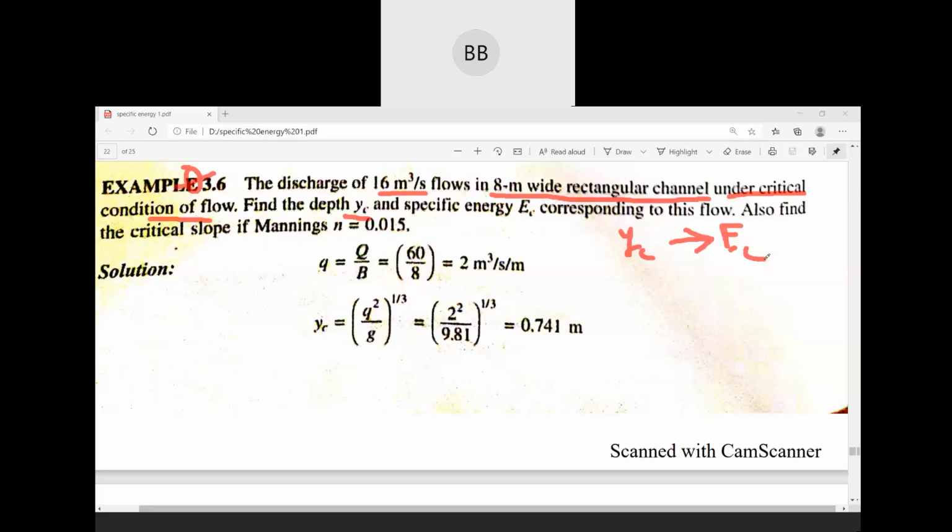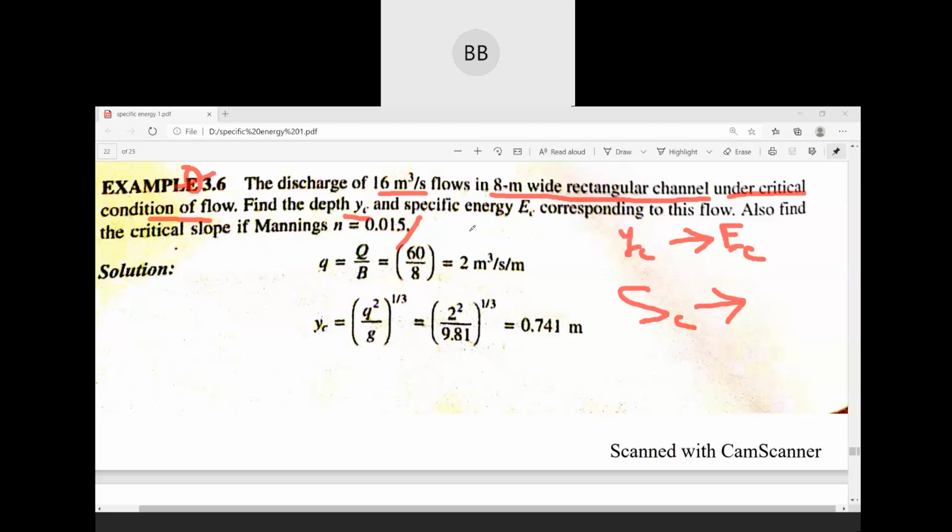This is the minimum specific energy. We all know at critical depth we have minimum specific energy. So we need to find out the minimum specific energy, and also we need to find out the critical slope using Manning's equation. You first write down the equation.